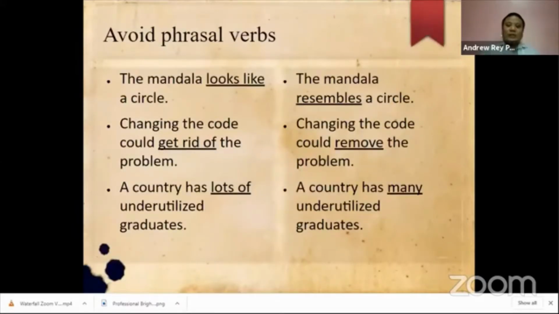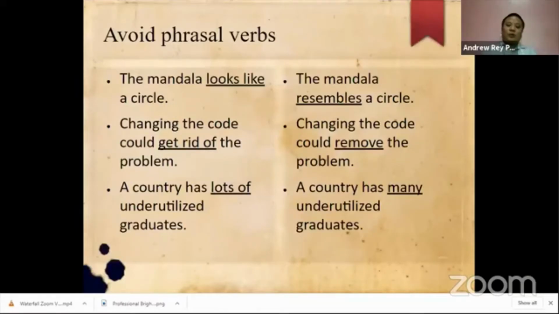You also need to avoid phrasal verbs. The mandala looks like a circle. The mandala, by the way, is a Hindu symbol. The mandala looks like a circle, but instead of using looks like, you say the mandala resembles a circle because you're avoiding phrasal verbs. Phrasal verbs tend to be informal.